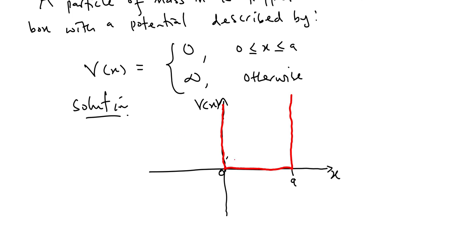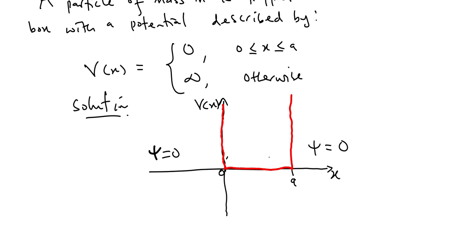Outside the region colored in red, the wave function is 0. But inside this region, the wave function is non-zero. The particle can be found within 0 and a in the box. So this is a one-dimensional box.